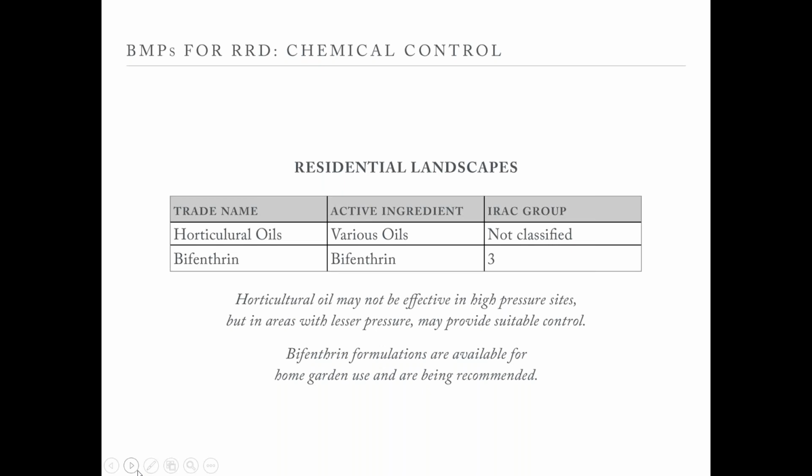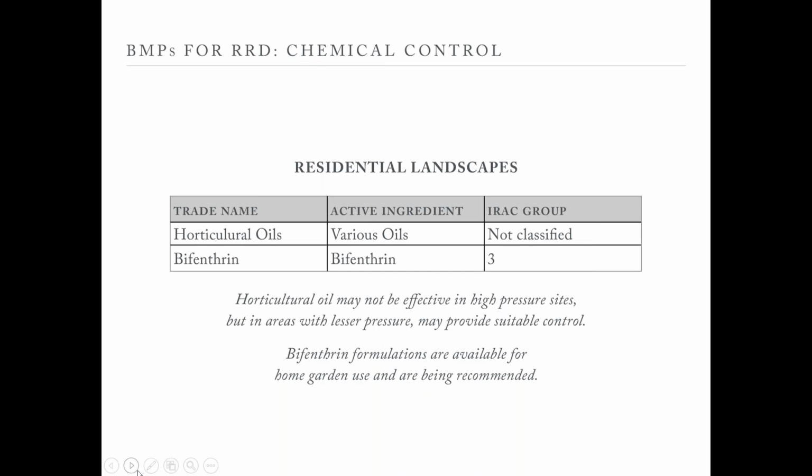It's also helpful if you can use horticultural oil. Although horticultural oil will not work under high disease pressure, under low disease pressure, it is effective. The active ingredients might be neem oil, mineral oils, or petroleum distillates.